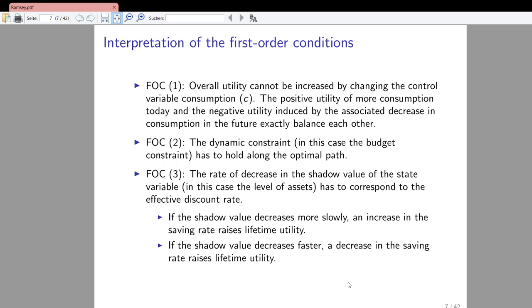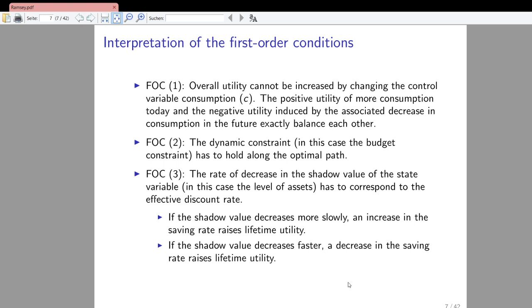If the shadow value decreases more slowly, that means that I could increase my lifetime utility by raising the saving rate. So if I save more, then assets would accumulate faster, and the shadow value would therefore decrease at a faster rate. And as long as the shadow value decreases more slowly than the effective discount rate, saving more would increase my lifetime utility.